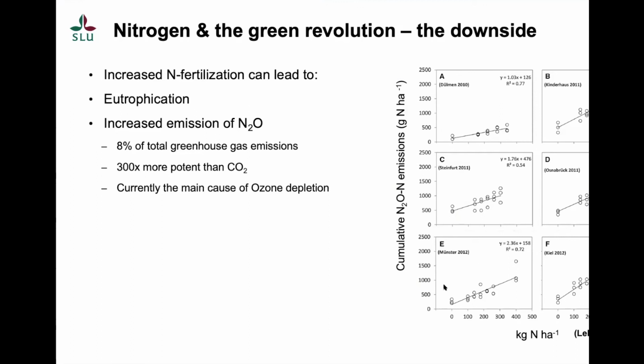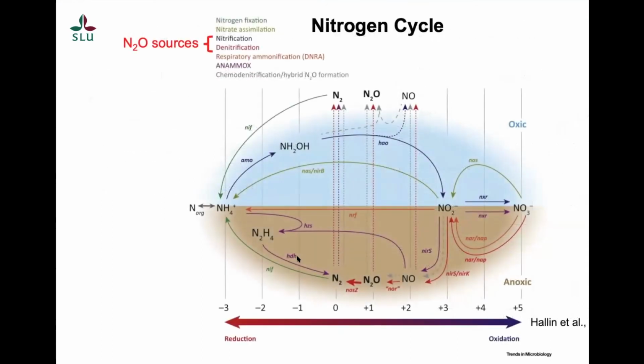So you can see that as you increase the amount of fertilizer that's being used, you get in all different areas higher rates of N2O emitted from the soil. And this is from two microbial processes, mainly nitrification. So that's going from ammonia here over to nitrate. This is aerobic, and denitrification.